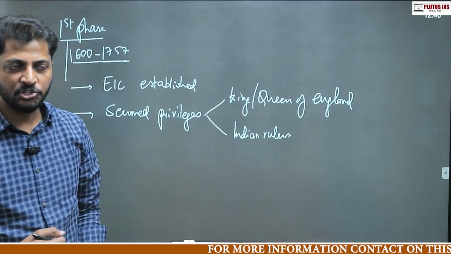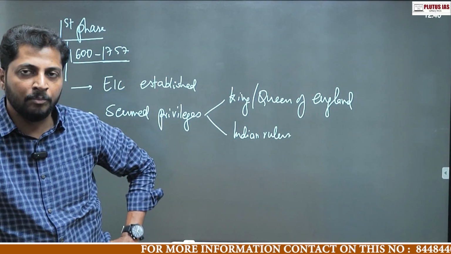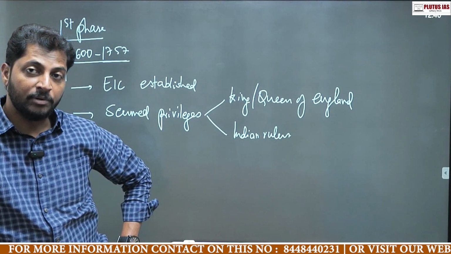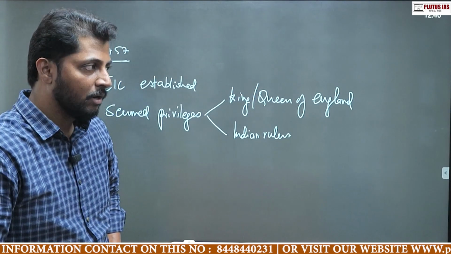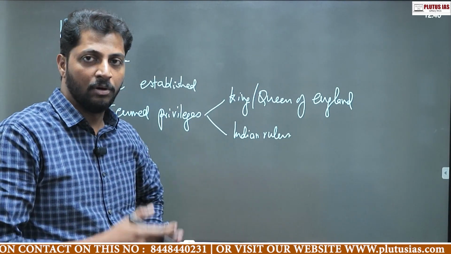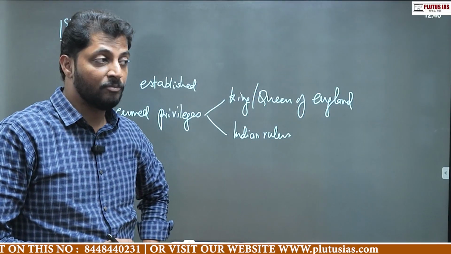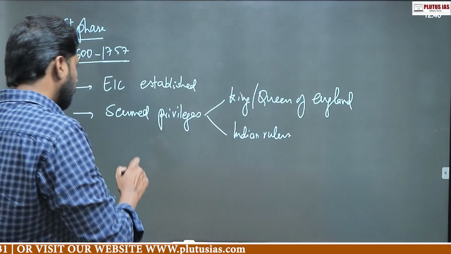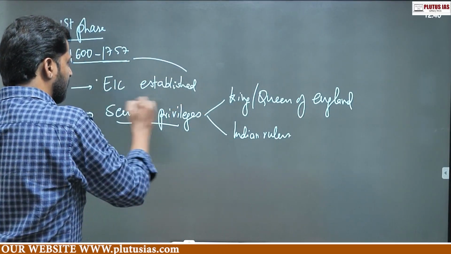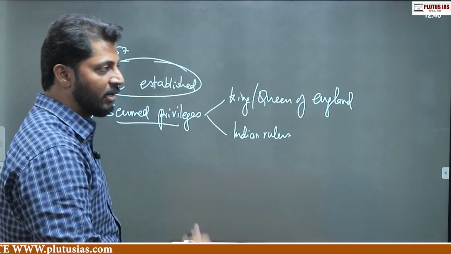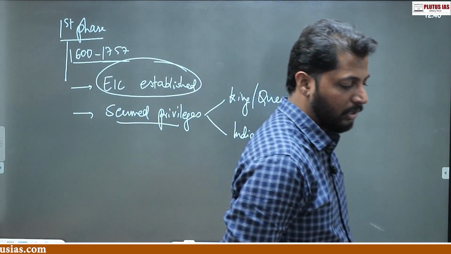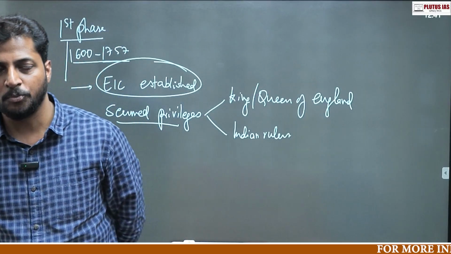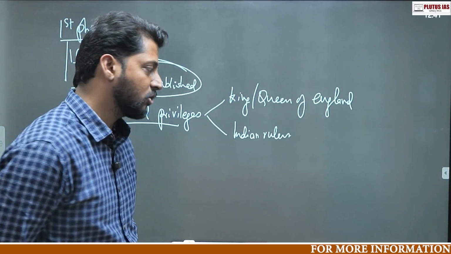Like you can say Jahangir in 1615, who granted them permission to trade from Mughal India, and later they also secured some trade privileges from Golconda rulers, and the most important privilege that secured from Farrukhsiyar, the Mughal emperor in 1717, right? So in this way, after establishment of this company, they secured many trade privileges from both English king or queen, and as well as, most importantly, Indian rulers, right?